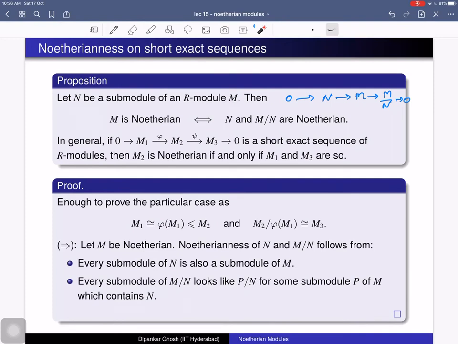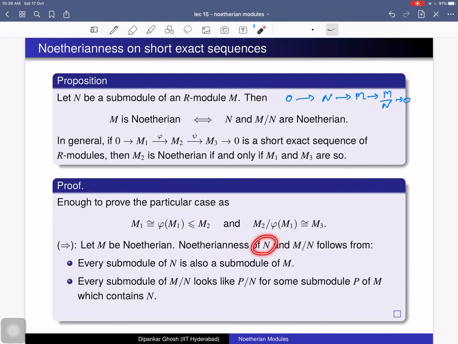So first we will prove these implications. Let M be a Noetherian R module, and we want to prove that this submodule N and the corresponding quotient module are Noetherian. So we just have to analyze the submodules of N and this quotient module. How does a submodule of N look?